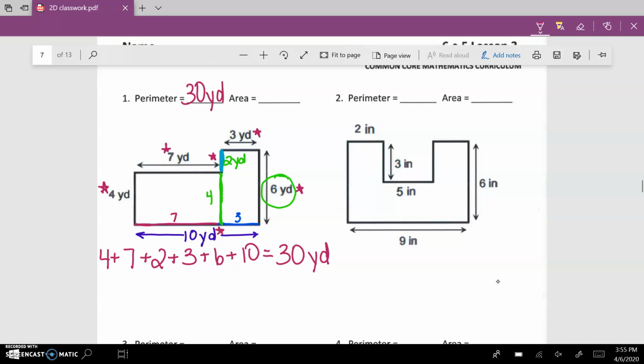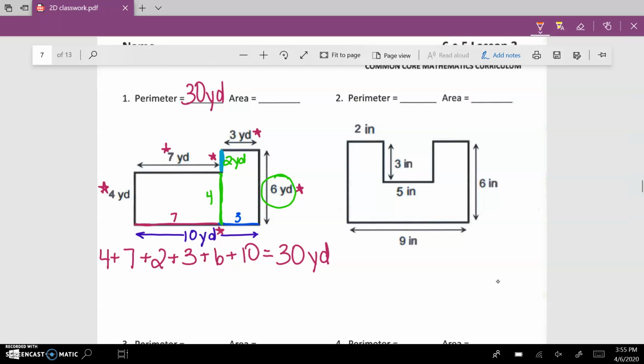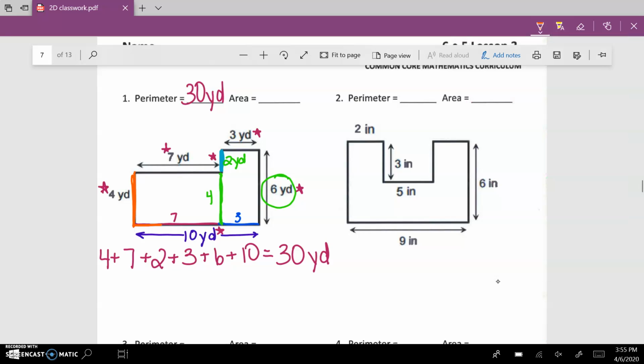All right. Now the area, so I have my shapes already split up into 2. I'm going to make the left-hand side in orange. Let's make this bigger. This could be shape number 1, my orange shape here.